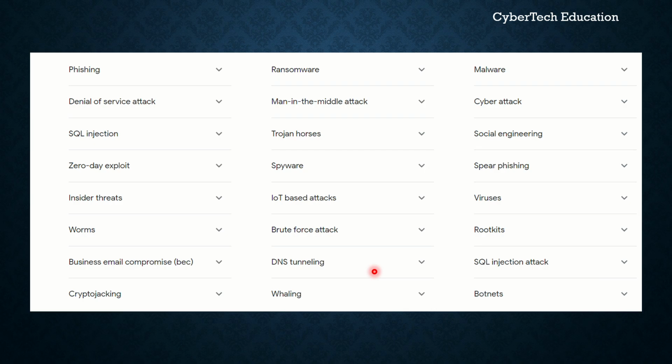We have zero-day exploitation, spyware, spear phishing, insider threats, IoT-based attacks, viruses, worms, brute force attack, rootkits, business email compromise (BEC), DNS tunneling, SQL injection attack, cryptojacking, whaling, and botnets. These are the different kinds of attacks.